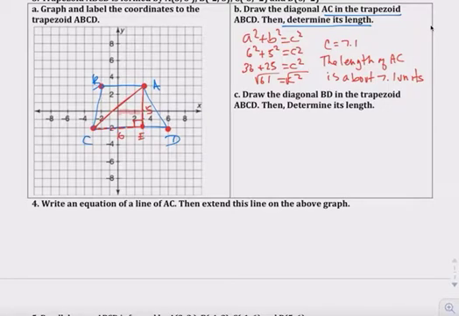Now you do the same for BD. Remember, you go on in there. I'll do it in green. If you need to, erase everything but BD, and then put it back in later. Draw a line there, draw a line there, and then count.